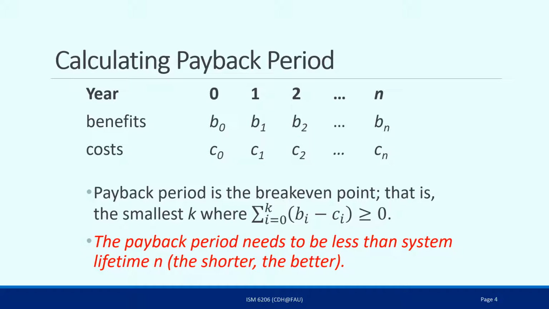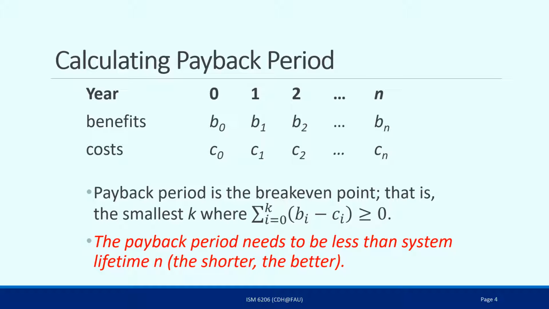I'll just briefly mention the next few measures. It's completely up to you whether you want to use them or not. Payback period is the number of periods that it takes to break even. Initially you are going to spend money without getting any benefits, because before the system is set up, of course you're not getting any benefits.